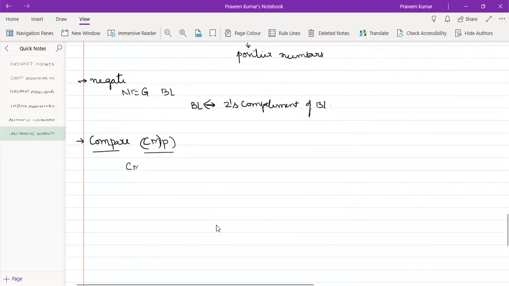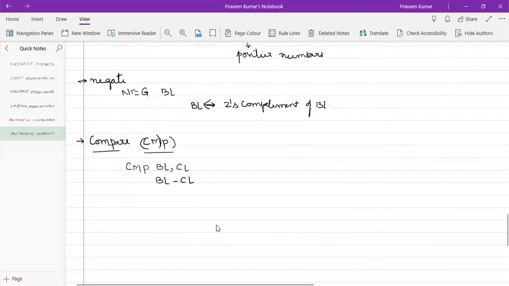For example, compare BL comma CL. The easiest process is we do subtraction: BL minus CL. But the question here is, will the result be stored somewhere in BL or CL? No.